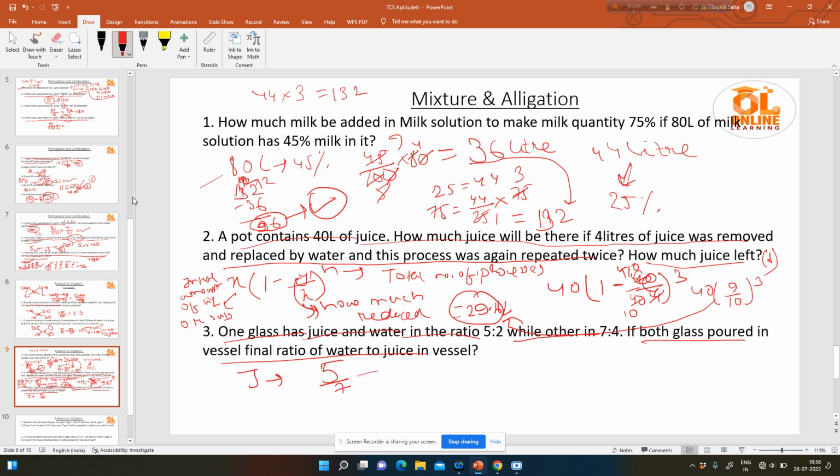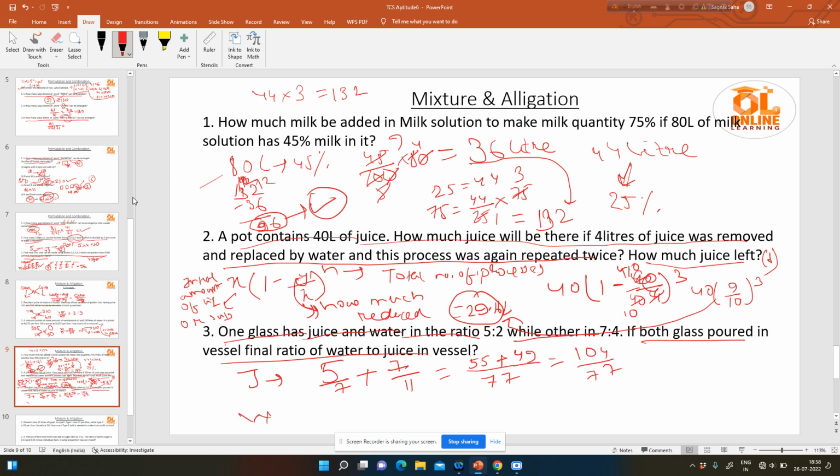In the second glass the ratio of juice is 7 by 11, because 7 by total, 5 by total, right? So 77 would be the LCM. 7 elevens are 77, so 5 elevens will be 55, 11 sevens are 77, so 7 sevens would be 49. 55 plus 49 would be 104 by 77.